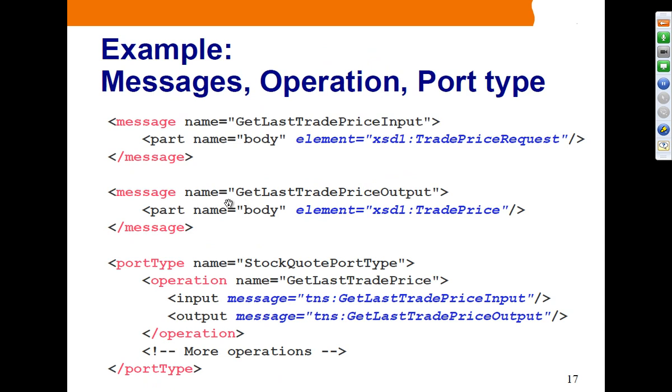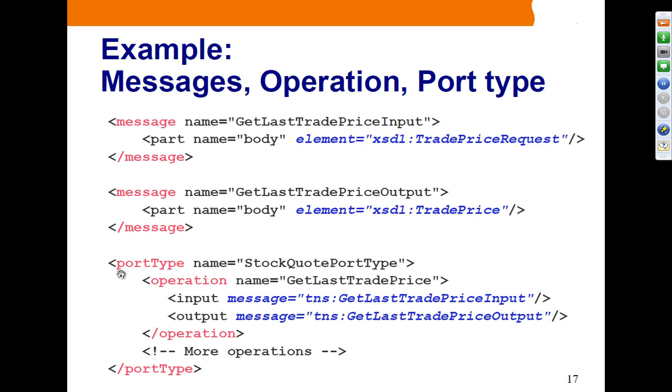This is the response message, named get last trade price output, and again it is using a global element defined in the XML schema. Up to this point you don't know whether this is a request or a response message, even though it has the names input and output, so you can assume as a human being that this is probably the request message and this is probably the response message. But machines don't know up to this point.